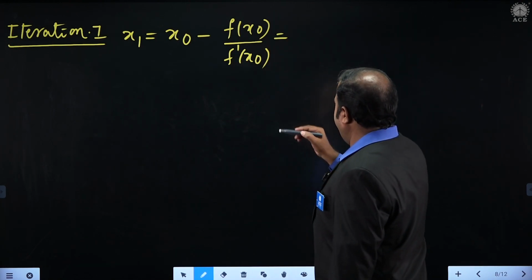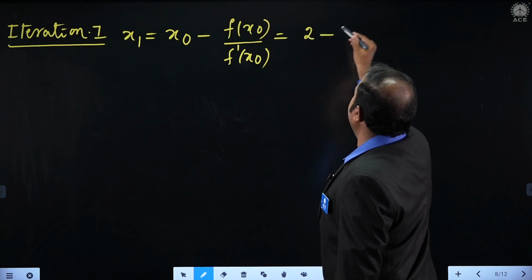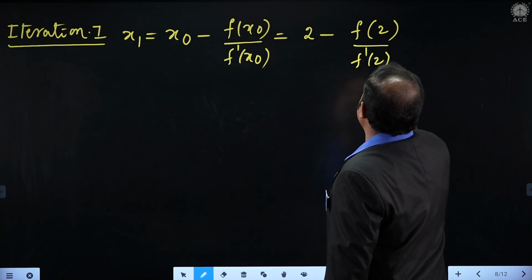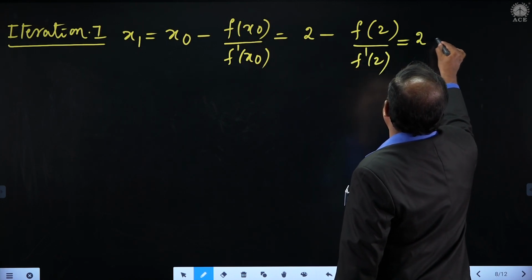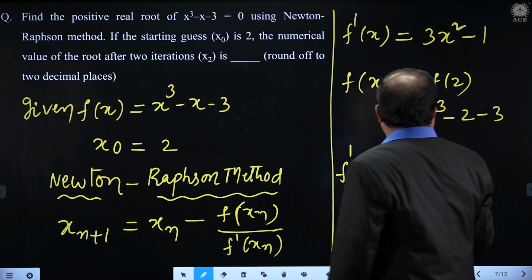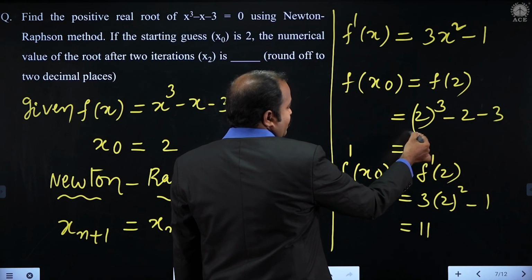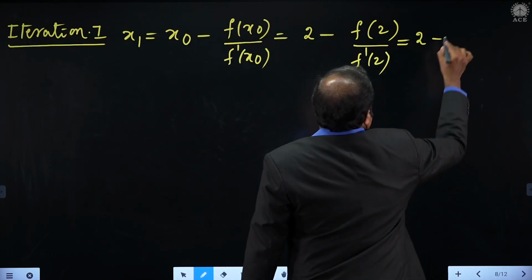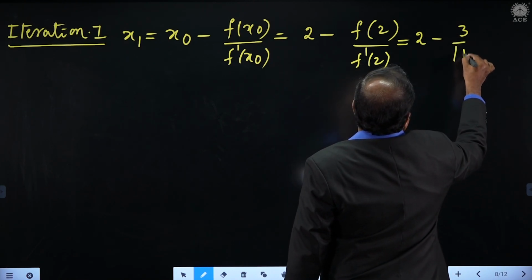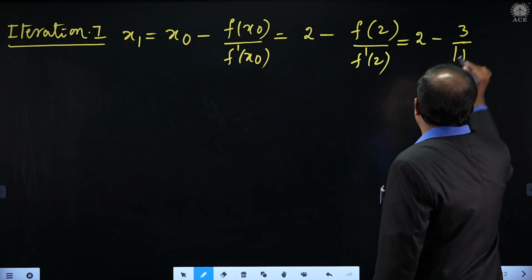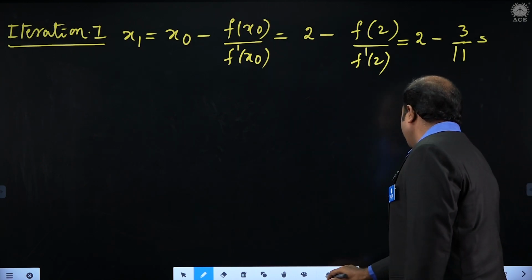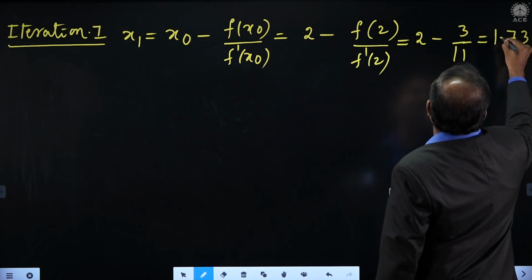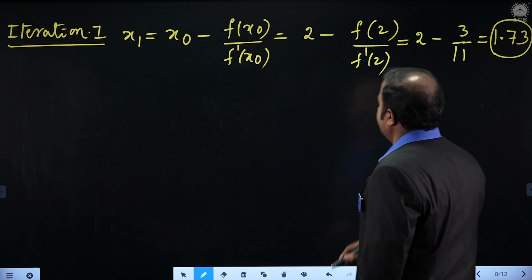That is x naught value 2 only, 2 minus f of 2 by f dash of 2. That is 2 minus, what is f of 2 value? f of 2 value is obtained here 3, and f dash of 2 value 11 only. So 2 minus 3 by 11. By simplifying, this is equivalent to 1.73. This is the first iteration value.